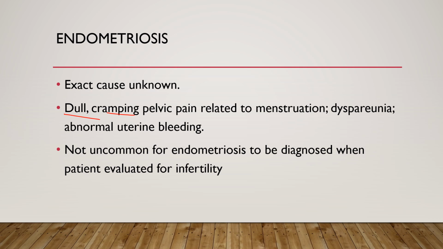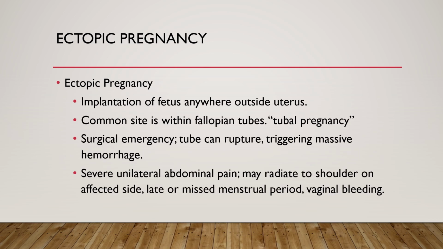And sometimes it results in painful intercourse and bleeding. People who have endometriosis will usually present to the doctor, and oftentimes they present for something related to gynecology, and then it's diagnosed. So, for example, they may actually be there because they're being evaluated for infertility.